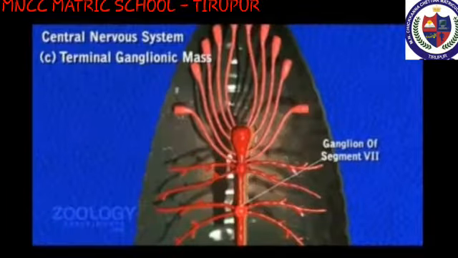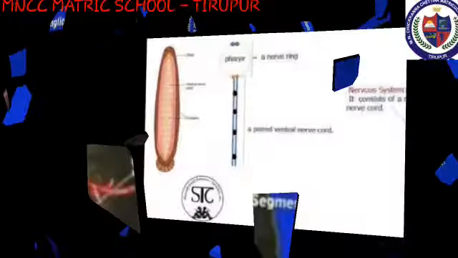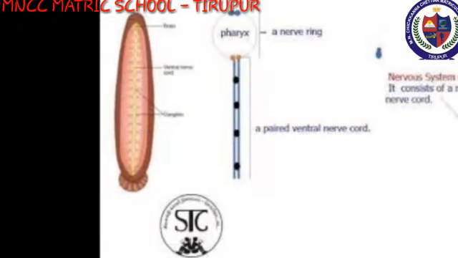Nervous system. The central nervous system of leech consists of a nerve ring and a paired ventral nerve cord. The nerve ring surrounds the pharynx and is formed of suprapharyngeal ganglion, brain, circumpharyngeal connective and subpharyngeal ganglion.